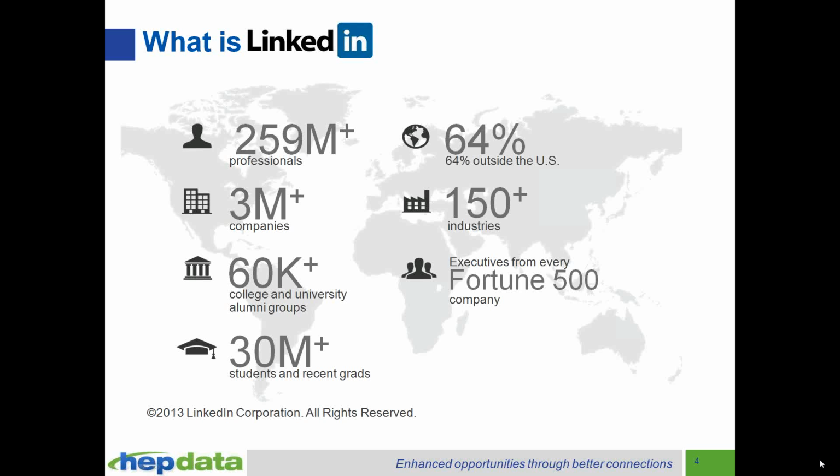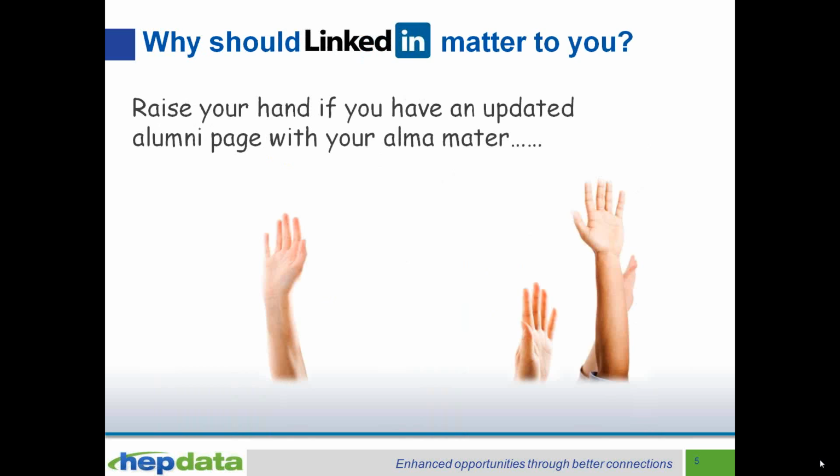There's over 150 industries represented and executives from every Fortune 500 company. Another thing to note, recently LinkedIn opened up its user agreement to include kids 14 years and older, so they're trying to actually leverage LinkedIn not only at the university phase, but even before students reach campus as a tool for them to actually look at different college programs.